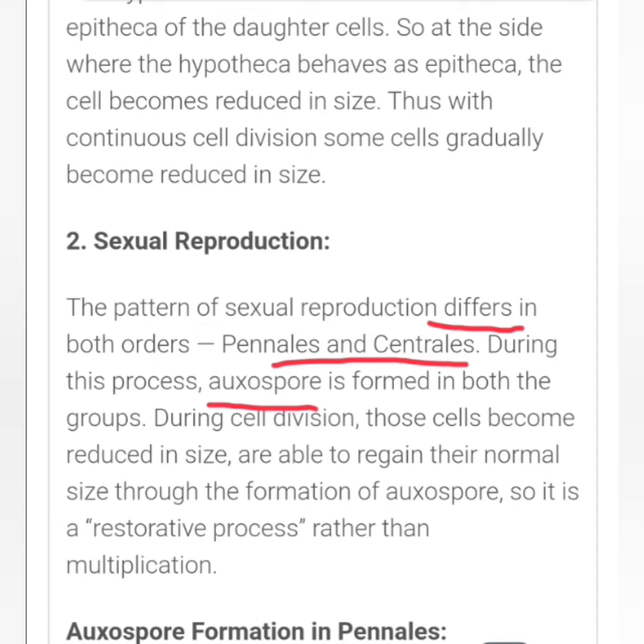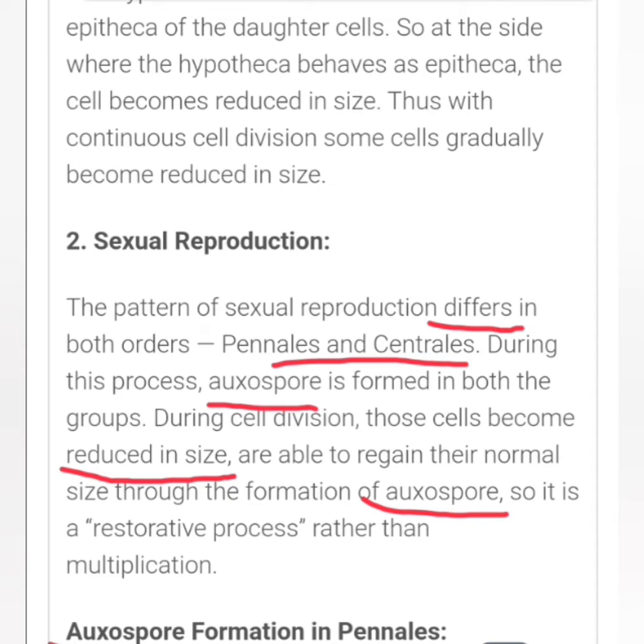The cells which have become reduced in size are able to regain their normal size through the formation of the auxospores. So this auxospore formation in both pennales and centrales we will discuss now.